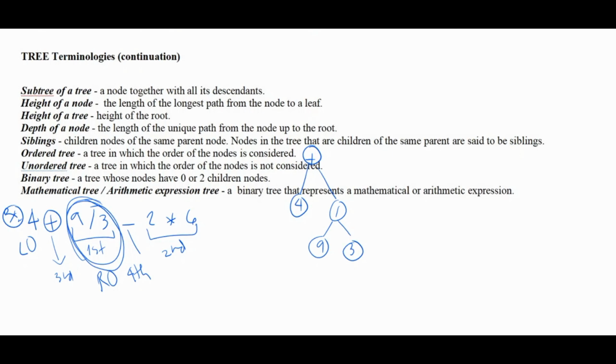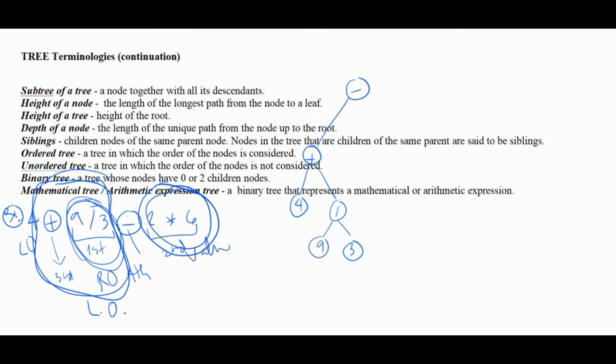And then the whole result, 4 plus that one, the whole value of that is the left operand of minus, and the right operand of minus is this sub-expression, right? So minus is there on top, and the right operand of minus is this one.